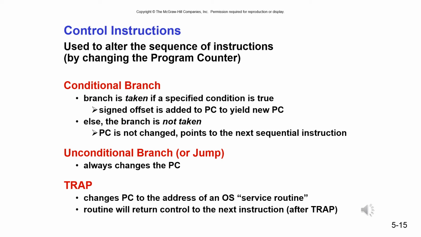Now a trap, which we're going to get to in significant detail, it's a topic unto itself later in the course. A trap executes an operating system service routine. An operating system service routine looks like a subroutine, and we're going to get to subroutines also.